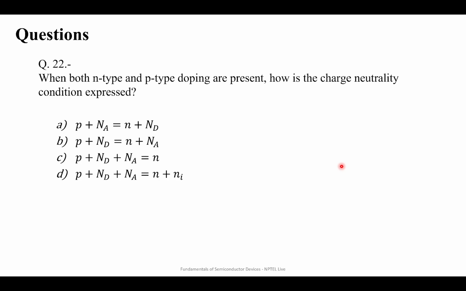When both n-type and p-type doping are present, how is the charge neutrality condition expressed? P plus Na equals n plus Nd, P plus Nd equals n plus Na, P plus Nd plus Na equals n, P plus Nd plus Na equals n plus Ni.